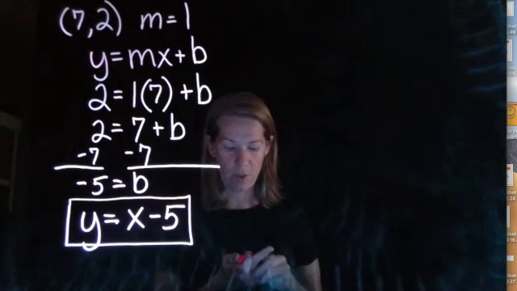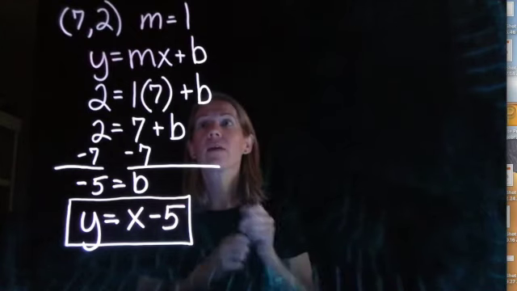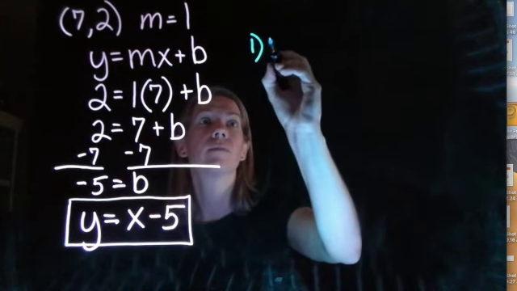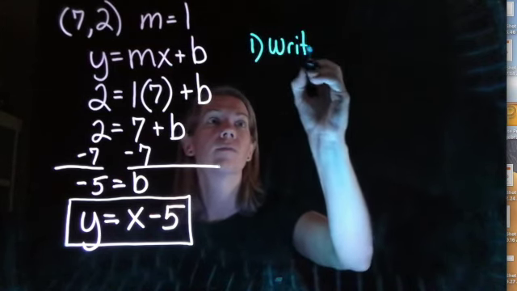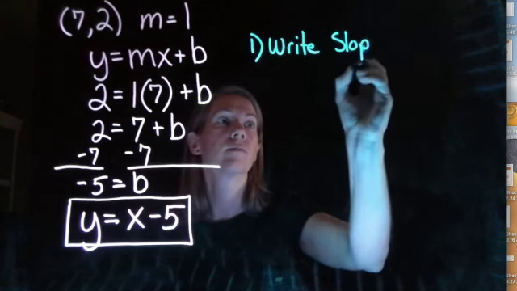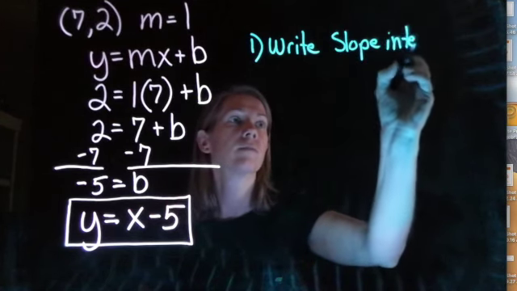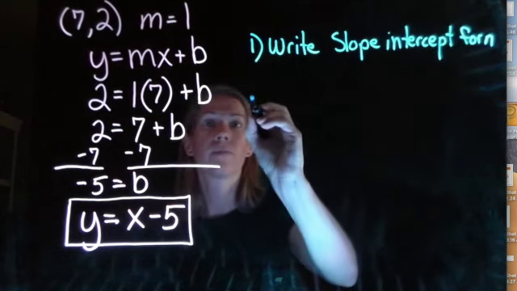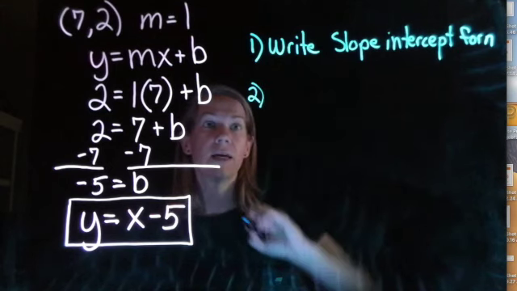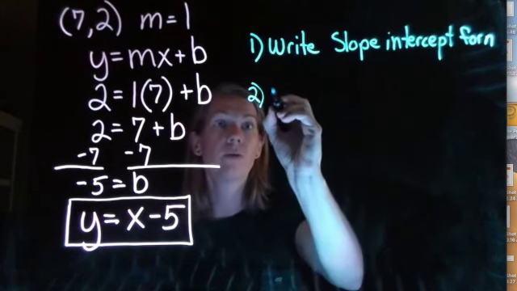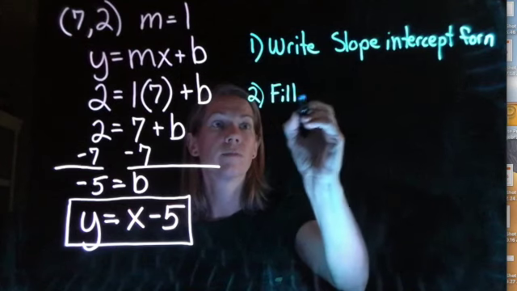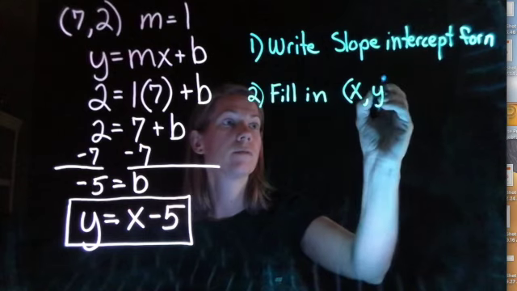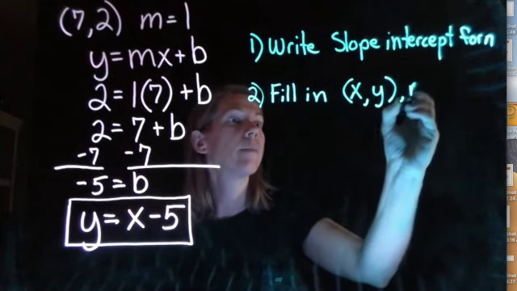So let's review those steps again. The first step is to write slope-intercept form. The second step is to fill in the information we know. That would be your x value, your y value, and m.